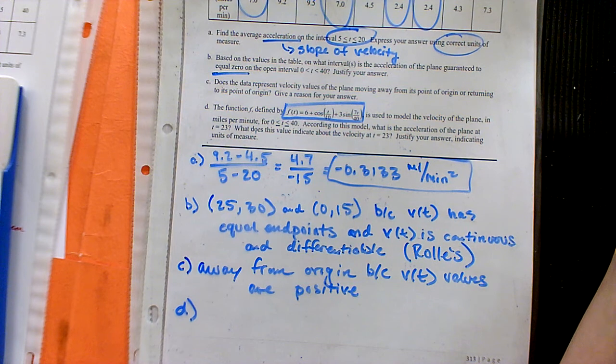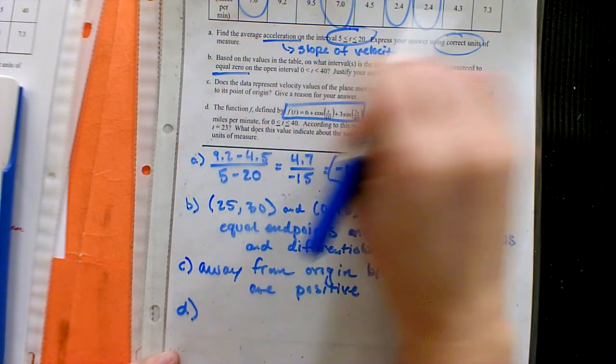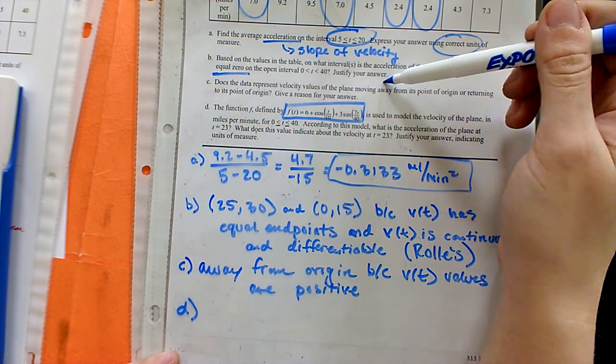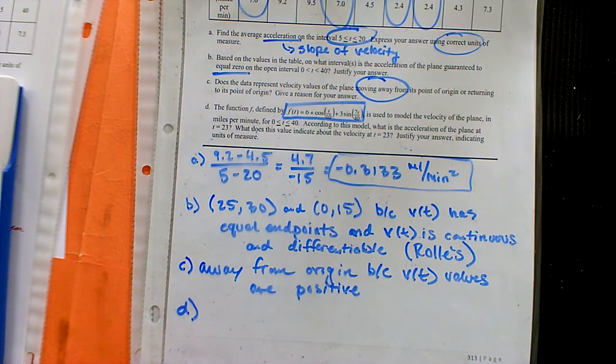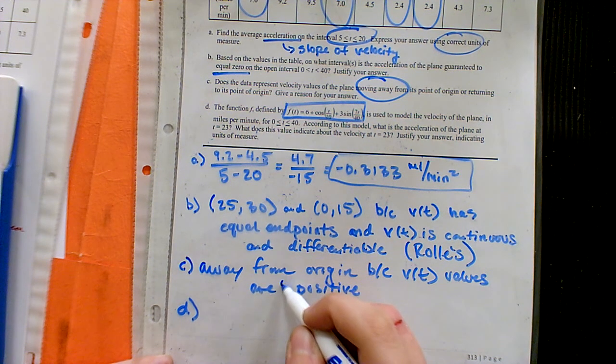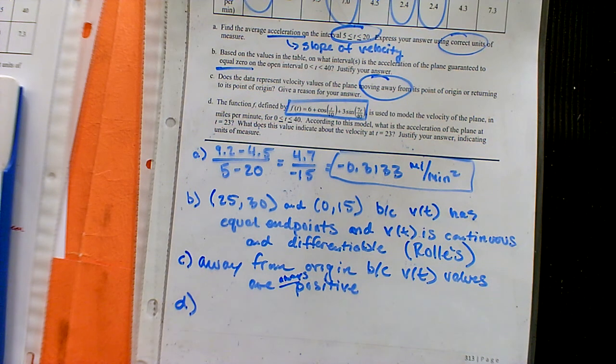Yes. Okay, so if every single number was negative, you're still going away. That's true. So she's saying that the justification is because they're all positive. Yeah, because V of t values are, maybe I'll throw in the word always in here. Always positive. Not just the fact that they are, but yeah, it's always that way.